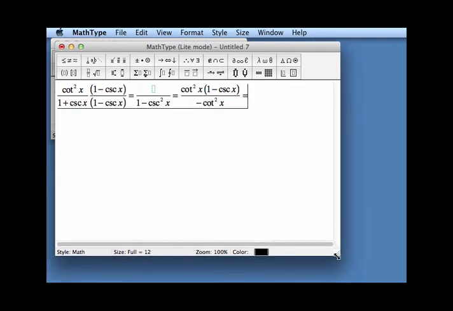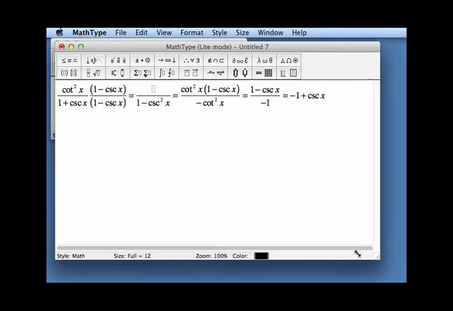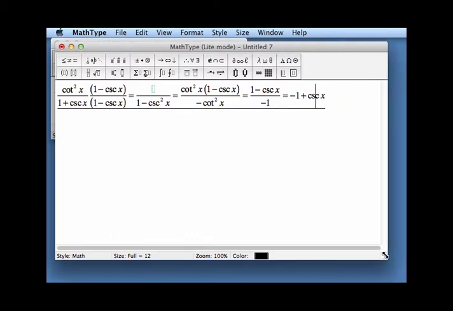And so if I do that, now I have on top 1 minus cosecant of x, and on the bottom a negative factor, a -1 factor. And so if you divide both of those things by -1, you've got a -1 and a positive cosecant of x. And it doesn't maybe look like we're close to what we want until we convert these into sines and cosines.